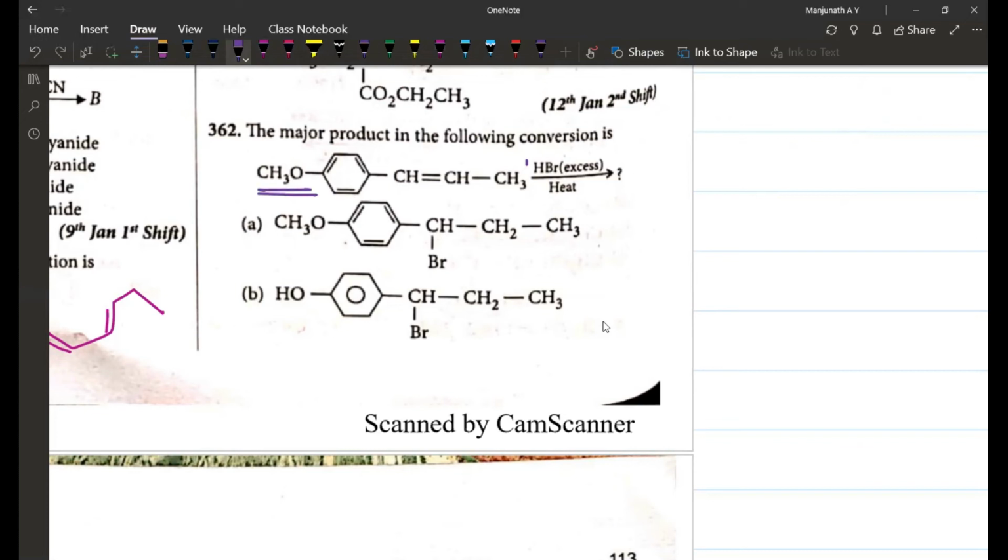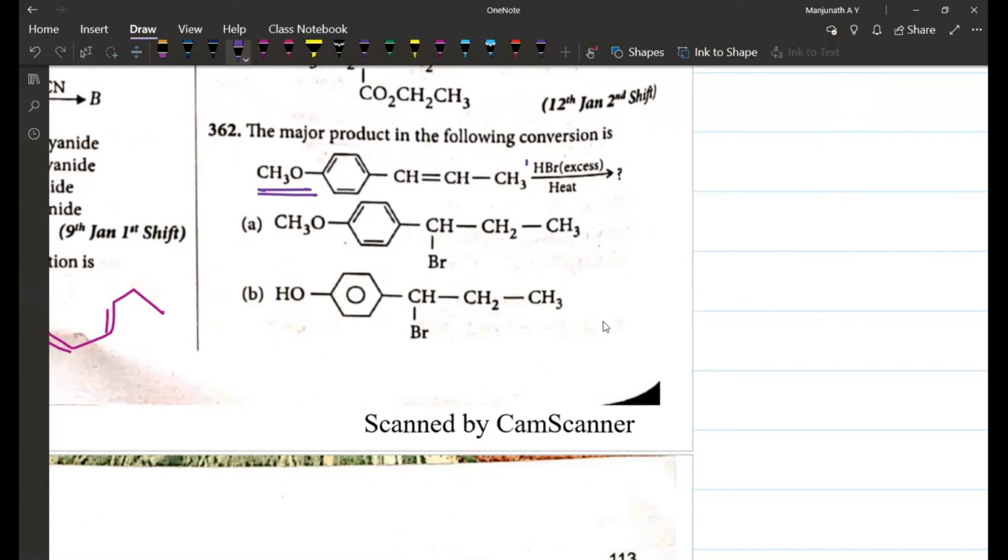So the reaction of ether with HBr you should also keep in mind. Because they have given HBr in excess, we are supposed to react with both. If they give only one equivalent of HBr, then we are supposed to react with the double bond, because the double bond is more reactive than this ether, okay?